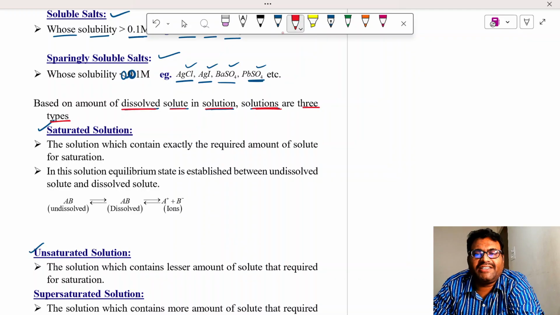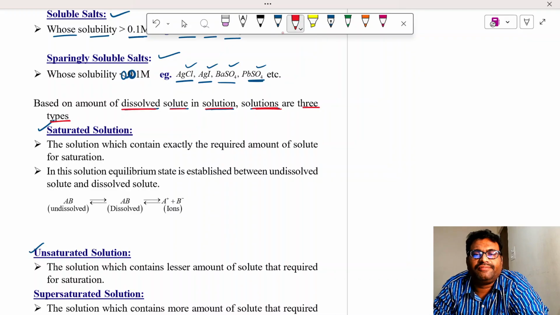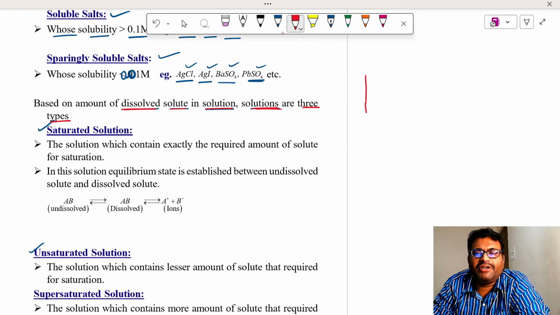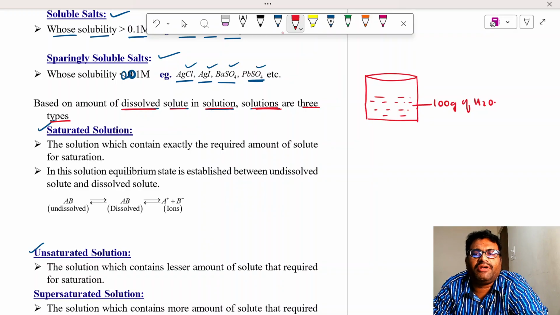Let us understand the saturated, unsaturated and supersaturated solutions. Already I mentioned that, for example, in 100 grams of water, solubility is 30. 30 means 30 grams of salt, NaCl, can be dissolved in 100 grams of water. For example, let us take.